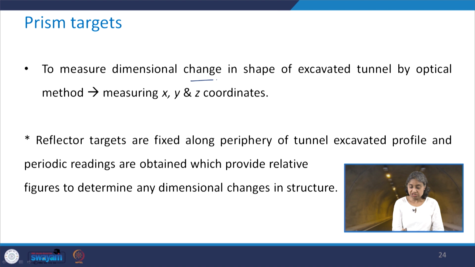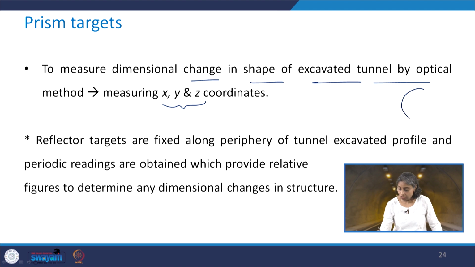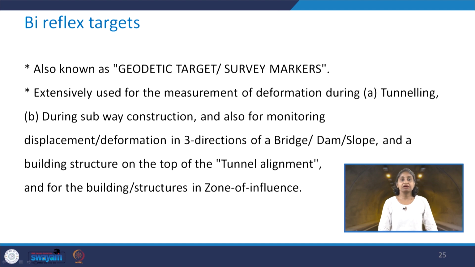This measures the dimensional change in the shape of the excavated tunnel by an optical method, and it measures the x, y and z coordinates. What is done in this case is that reflector targets are fixed along the periphery of the tunnel excavated profile like this, and periodic readings are obtained, which help find out if there is any dimensional change in the structure. But these days prism targets are also not being used; bireflex targets are used.